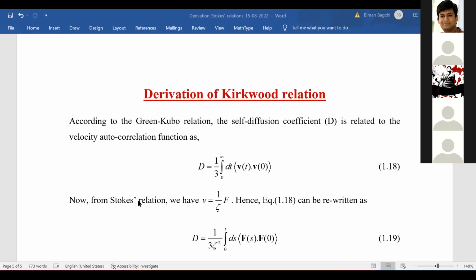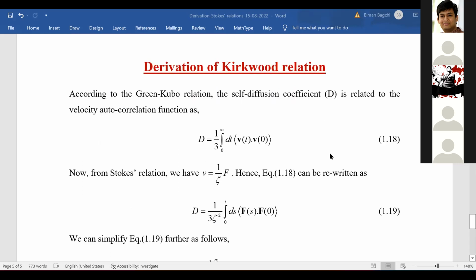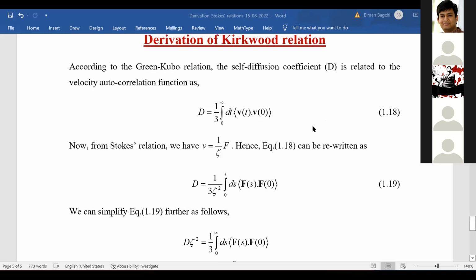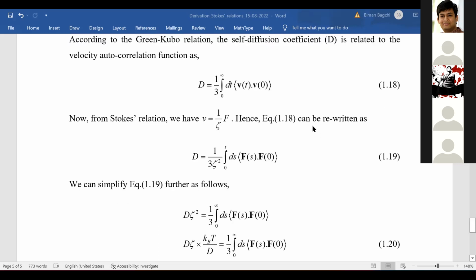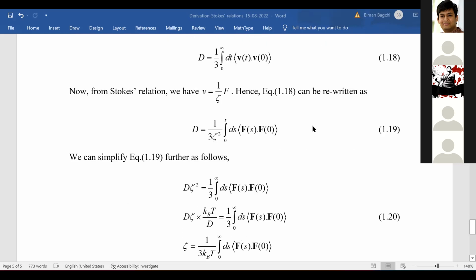From the Stokes relation, I know V equals 1 over zeta times F, but still there are some nice steps there. That also tells you why Kirkwood's formula has limitations, because it's an average, coarse grain description. I put it there, I get 1 over 3 z square equals F s. Remember, the factor of 3 is very important everywhere. D z square.